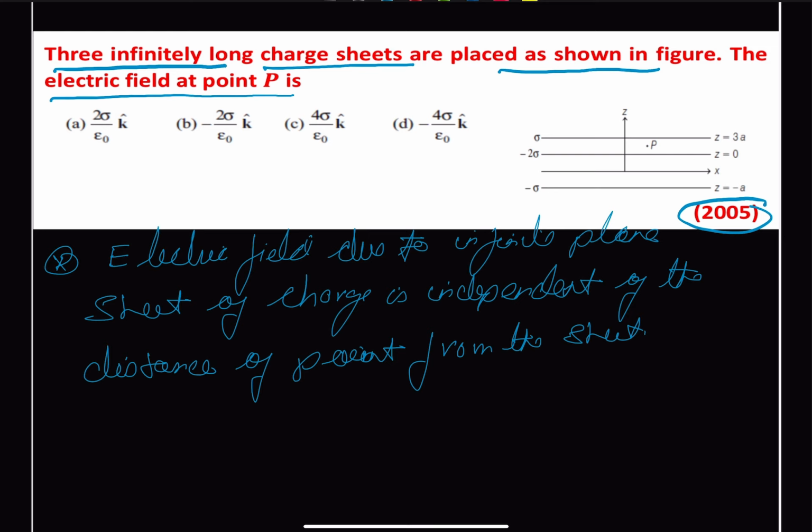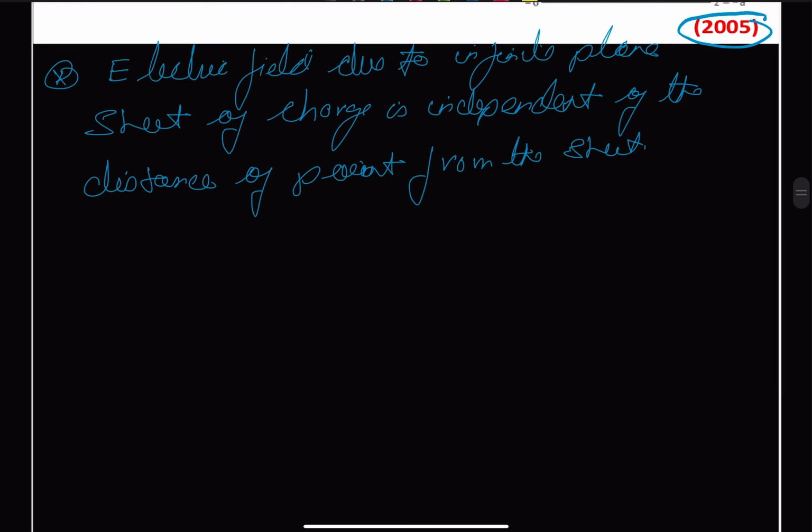Therefore, we can simply use the principle of superposition.